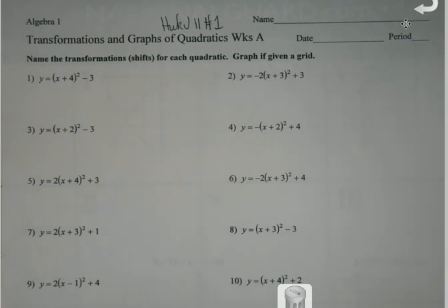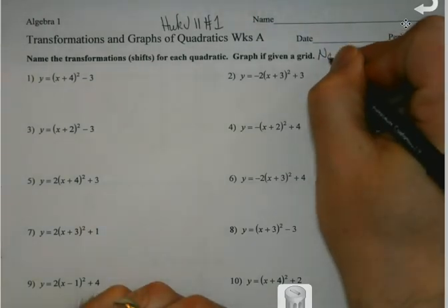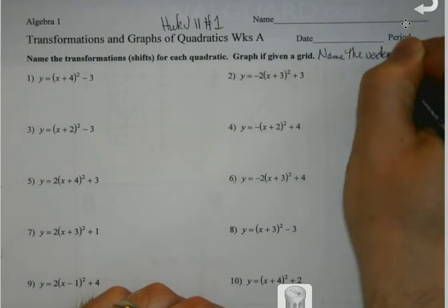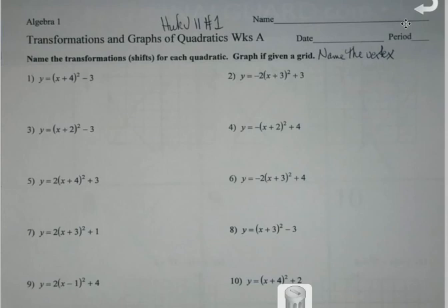But I do want you to add one thing: I would please also ask that you name the vertex. So we can just get into the habit of that, because if we can get a vertex, it's easy to make graphs from there after that. And then the ones where there's graphing grids, I want you to actually graph it out using your parent graph.